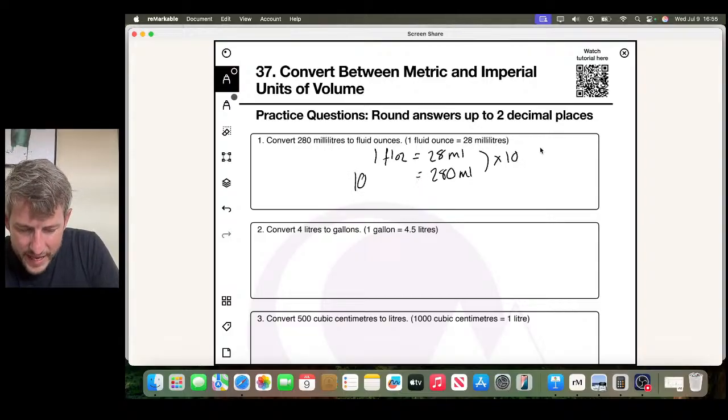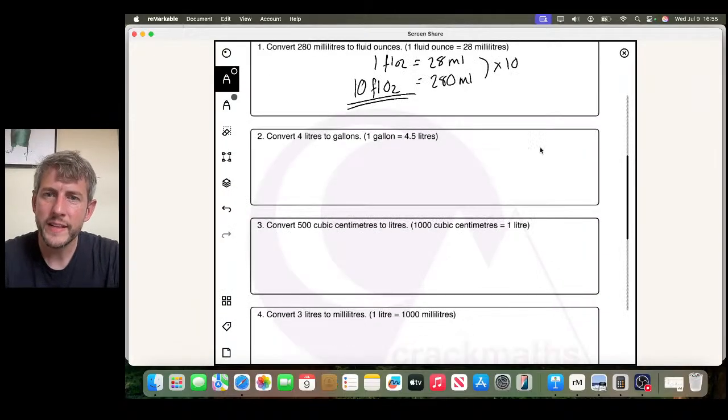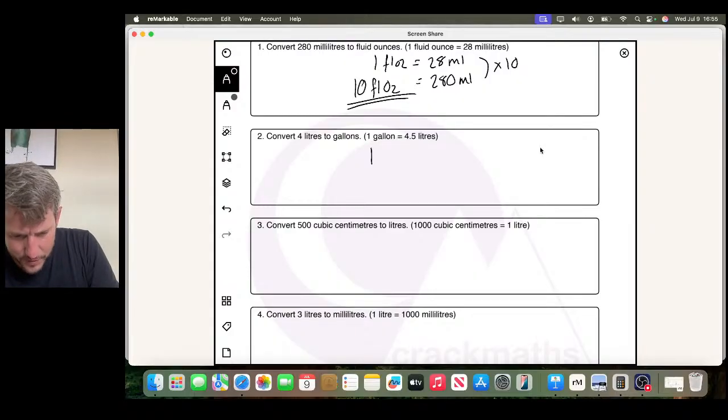So that will be 10 fluid ounces. Convert 4 litres to gallons. 1 gallon equals 4.5 litres, so this is going to be just less than 1 gallon. We want to get to 4 litres.